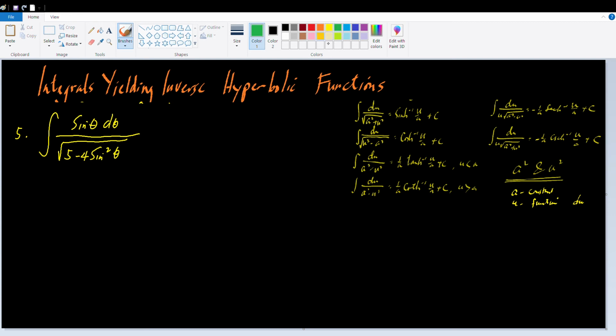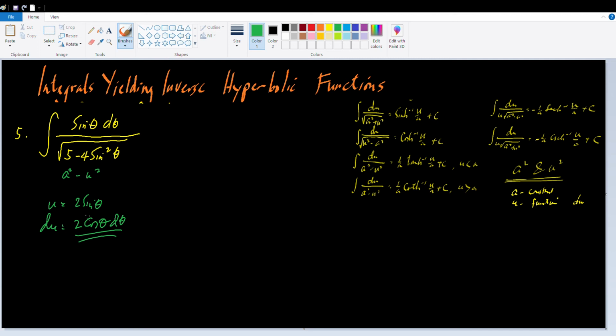We may take 5 as our a squared and 4 sine squared theta as our u squared. With u squared equal to 4 sine squared theta, our u is 2 sine theta. If we take the differential, it will be 2 cosine theta d theta. But there is no cosine function appearing in the integrand. What we have is sine theta.